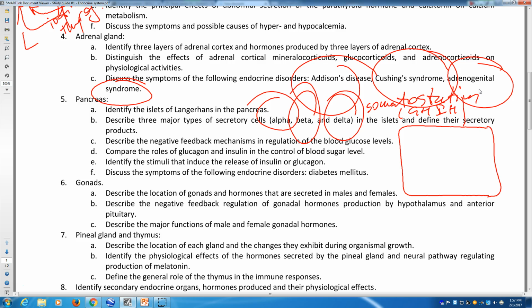Does it diffuse into the cell or get transported into the cell? Well, when I ask the question like that, 98% of the questions I ask, you can think through.